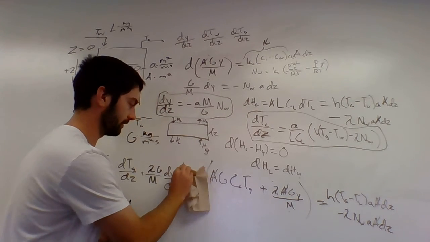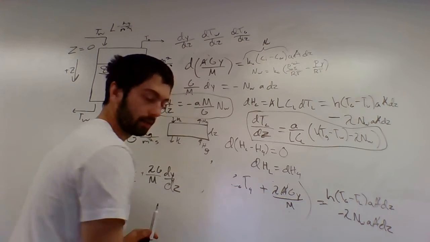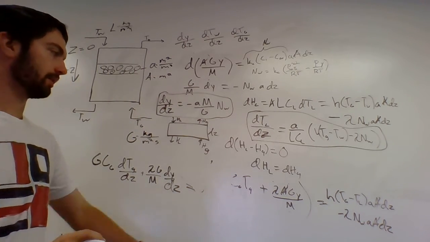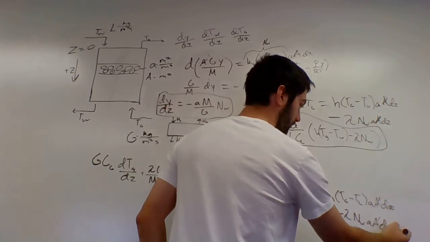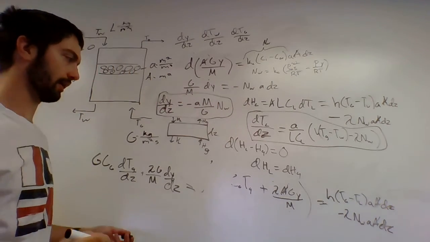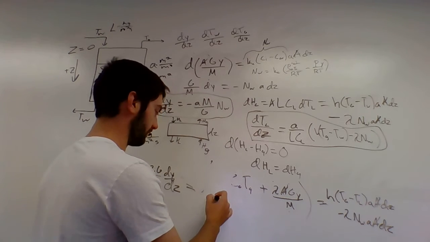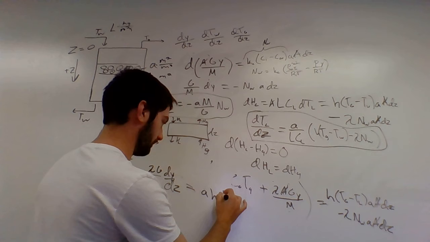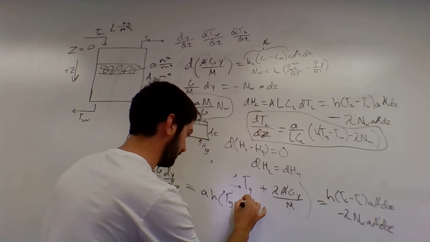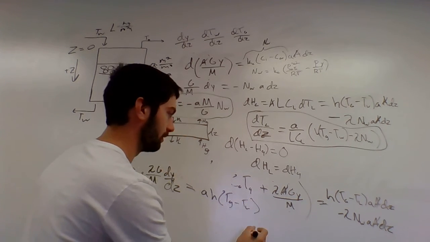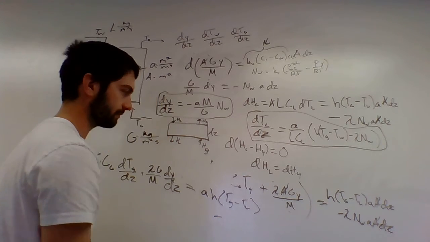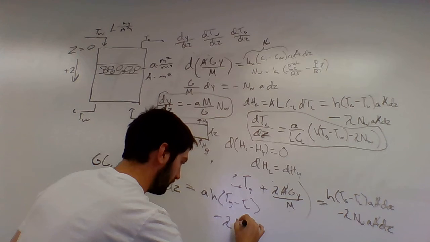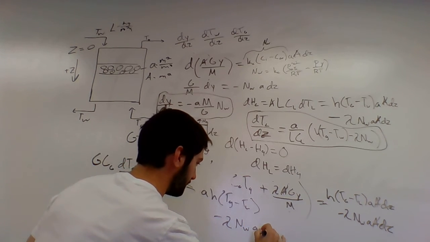And we're going to set that equal to the left side, which we brought dz over, so we no longer have that. So now we just have what's left over there, which is specific area times the heat transfer coefficient. This is change in temperature. Minus what we have left there, which is lambda, water, specific area.